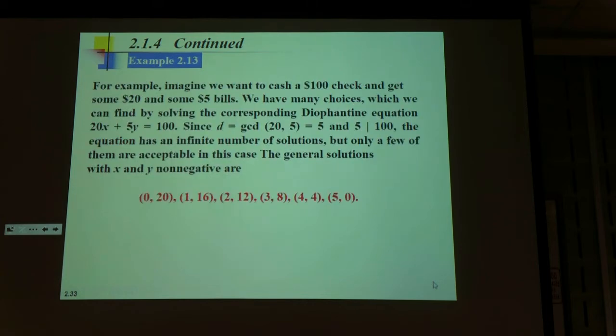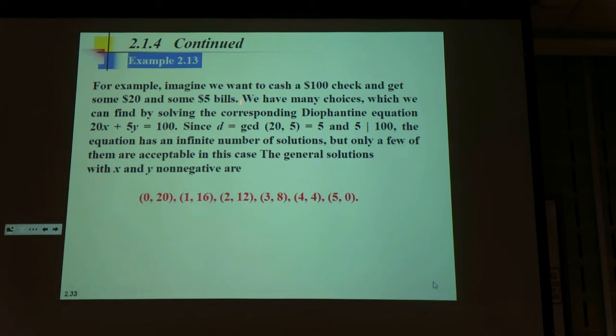This gives you multiple solutions. So, for example, imagine we want to cash a $100 check and get some 20s and 5 bills. We have many choices, which we can find by solving the corresponding Diophantine equation, 20x plus 5y equals 100.